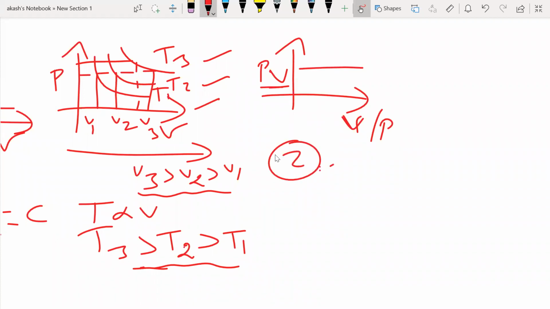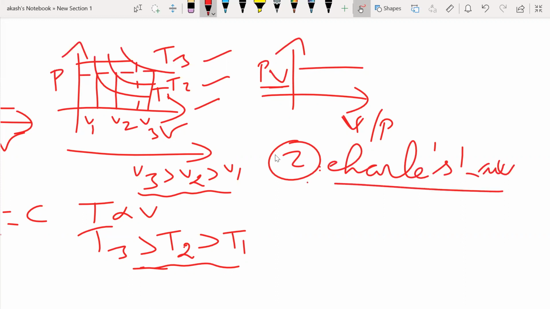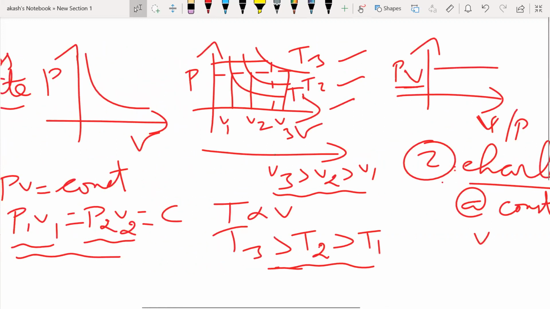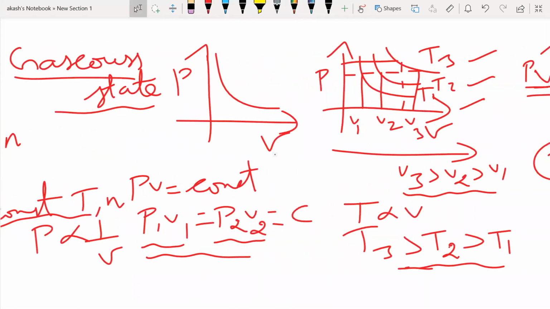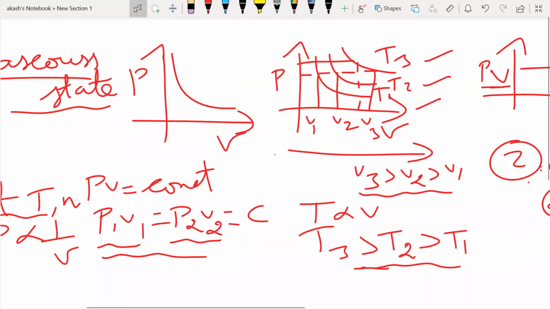Second one is my Charles law. Okay, so Charles law is going to be at constant pressure. The volume of the gas, obviously pressure and the number of moles are constant, as well as the same amount of gas, right? Is there any doubt? Okay, fine, cool.